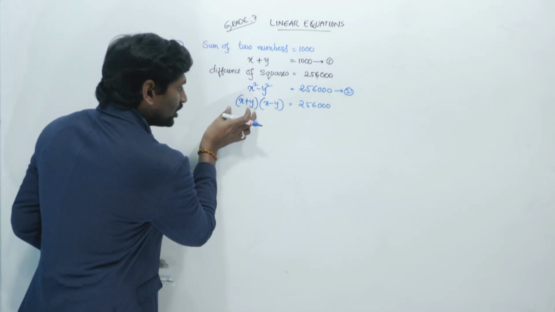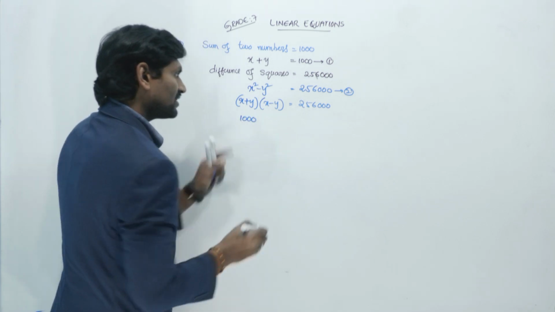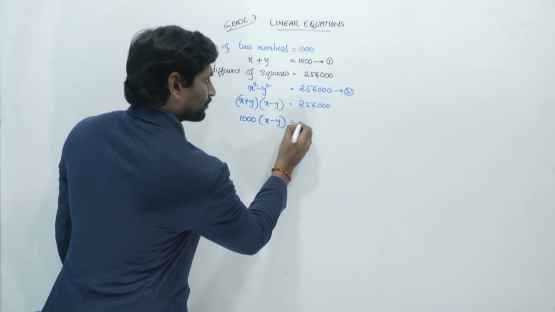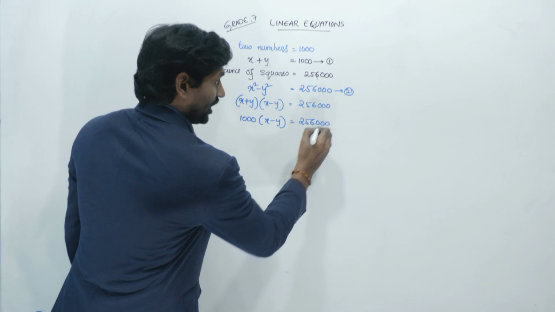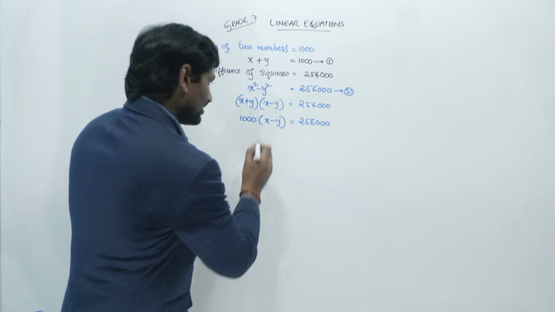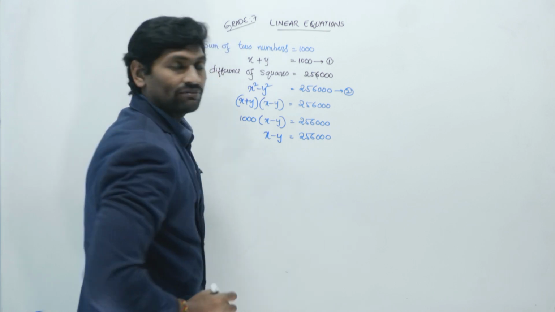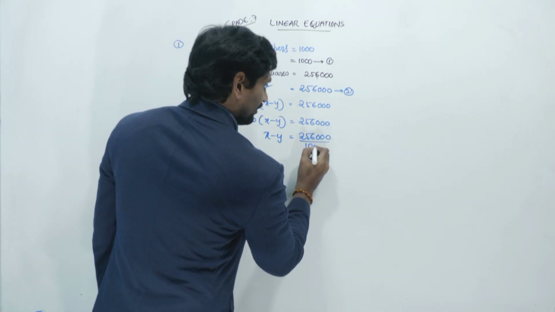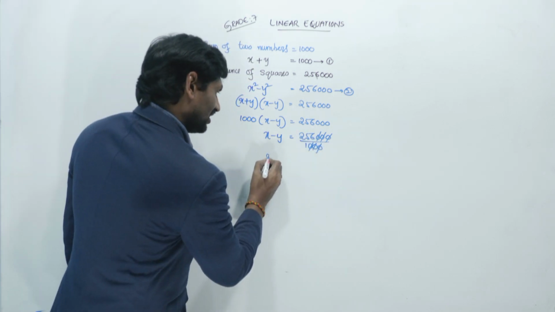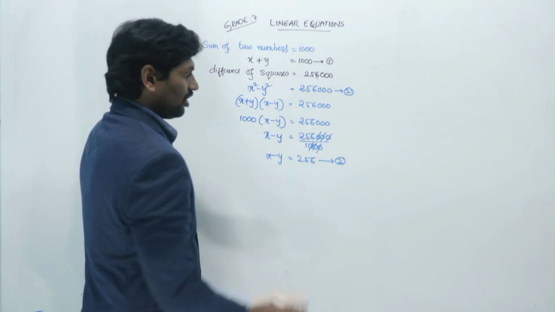And we already know the value of x plus y from equation 1. What is the value of x plus y? 1000. That means in the place of x plus y we can write 1000. 1000 into x minus y equals 2,56,000. Now 1000 is multiplying, so when you transpose, it divides. That means x minus y equals 2,56,000 divided by 1000. The 3 zeros in the numerator and 3 zeros in the denominator cancel. So x minus y value is 256, equation number 3.